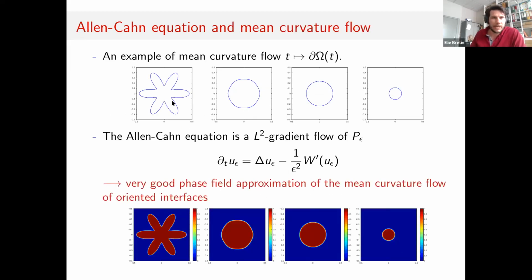If I come back to the mean curvature flow, and if I take an example in 2D, the interest of the phase field method is that if I consider the Allen-Cahn equation, which can be obtained by the L2 gradient flow of the perimeter, the Cahn-Hilliard energy, and if you solve the Allen-Cahn equation, we can observe a kind of characteristic function of a set which evolves with a law which looks like a mean curvature flow.